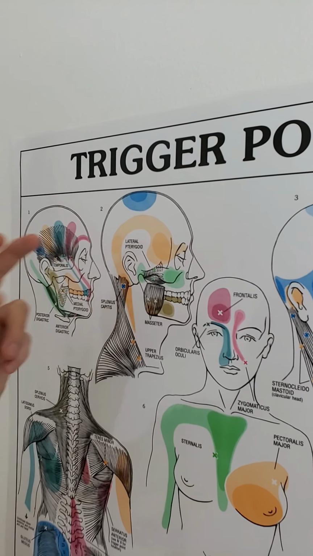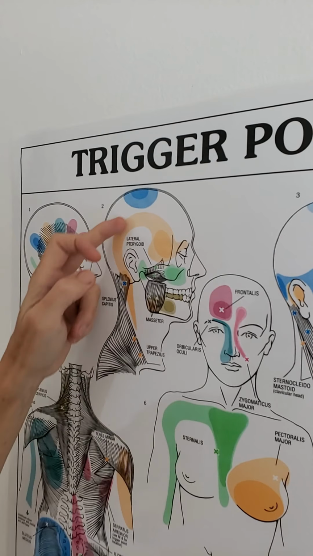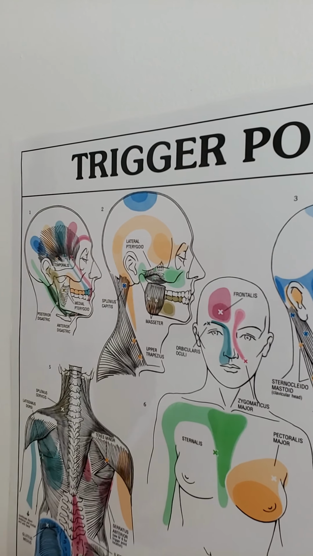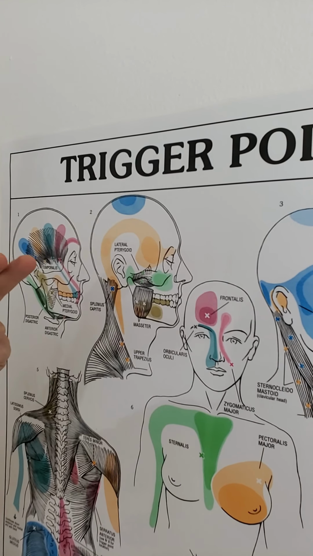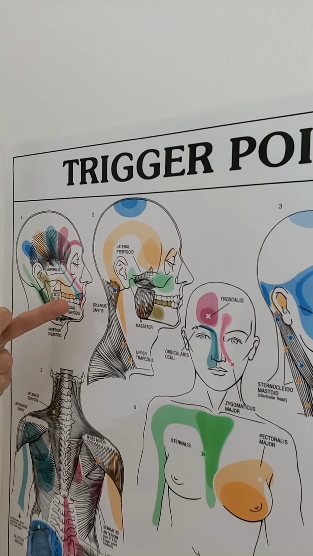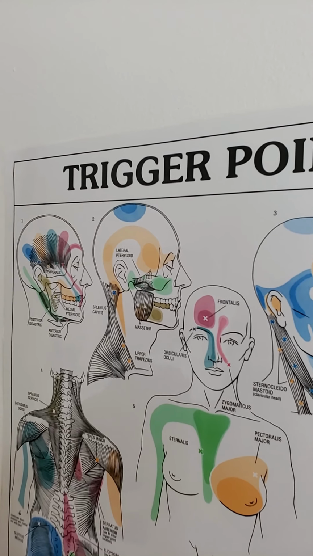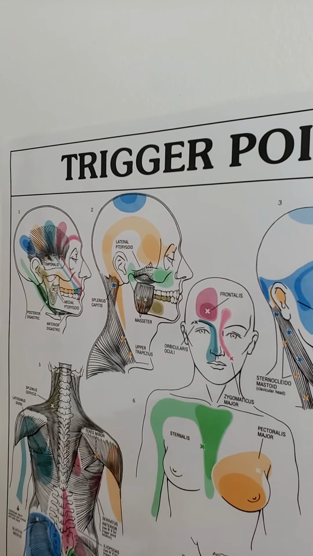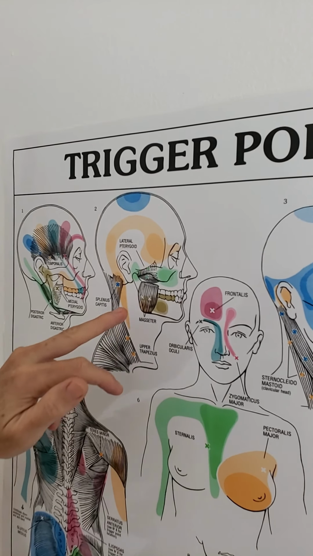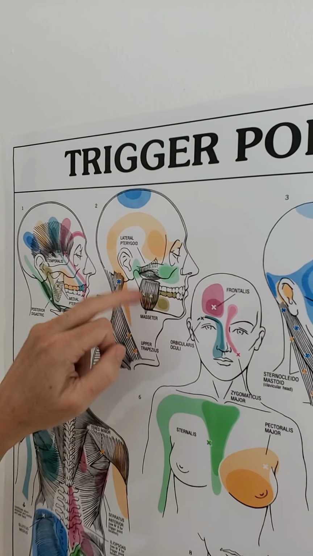You might experience a headache behind the ear, or a temporal headache that might even travel into the eyebrow. You might find pain at the back of the head on the affected side, pain that goes deeply behind the eye, or sensation into the teeth or the jaw on that side.